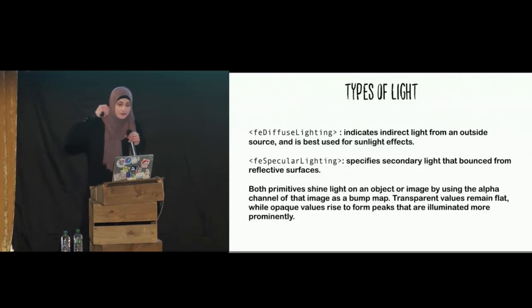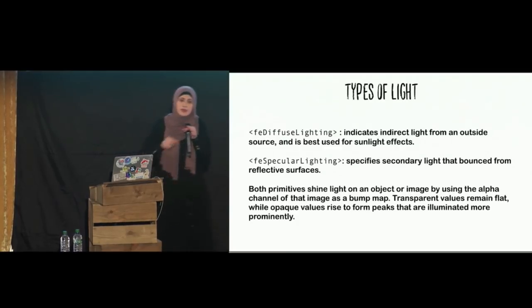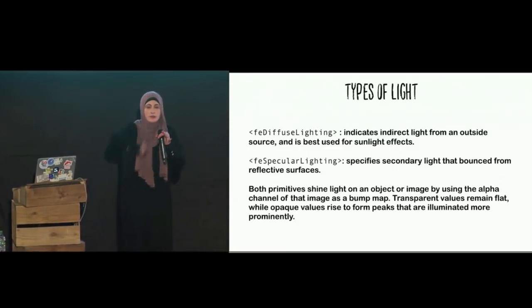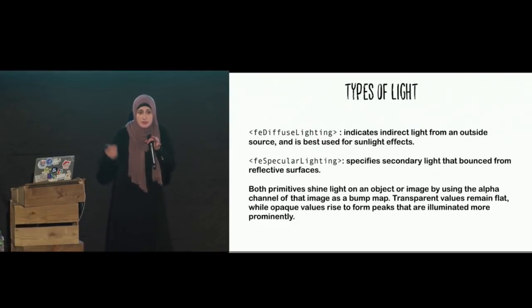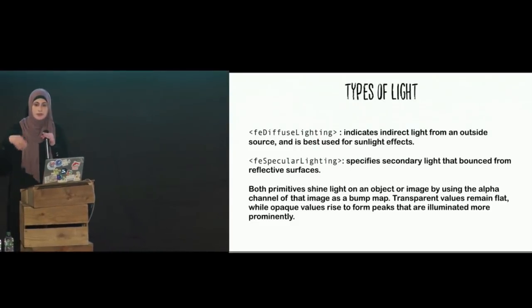Let me rephrase that. A light source filter uses an input's alpha channel to provide depth information. You take the alpha values of that channel, and then you use those as a bump map for the light. So how does the light know that this part is high and the other one is low? How do you create shadows and hills? It uses the alpha channel to do that.